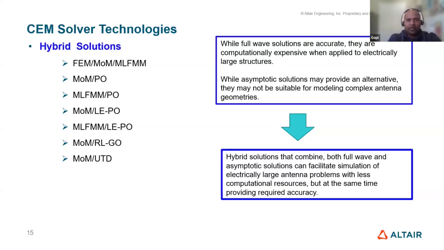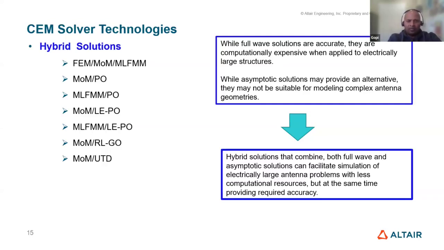Okay? But for applications where FEM might be beneficial, especially for geometries which involve multiple dielectrics or inhomogeneous materials, there FEM and MoM or MLFMM hybridization will come in handy.